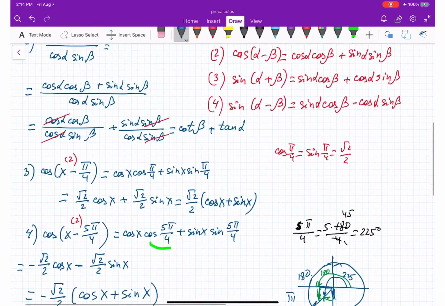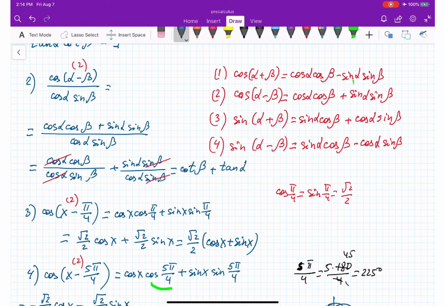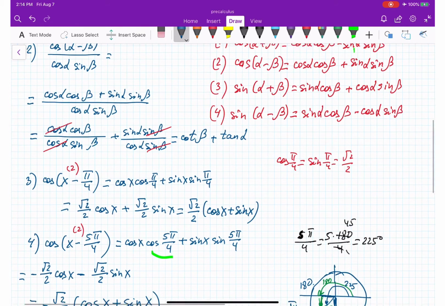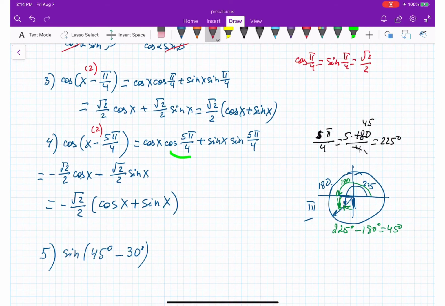So I would highly recommend you write down from the very beginning all 4 formulas. So number 4, and what we are going to get is sine 45 degrees cosine 30 degrees, minus cosine 45 degrees sine 30 degrees.